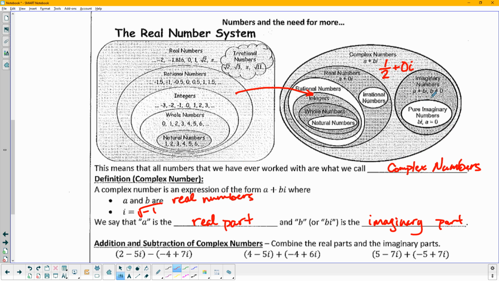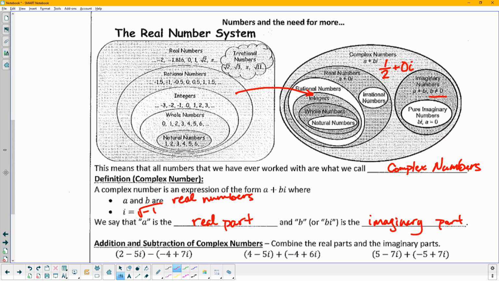The key with imaginary numbers is that the b can't be 0. For it to be an imaginary number, it has to have the imaginary part, as in there has to be something times i other than 0. Now it can be a fraction, it can be a decimal, it can be any real number, but it has to be real.